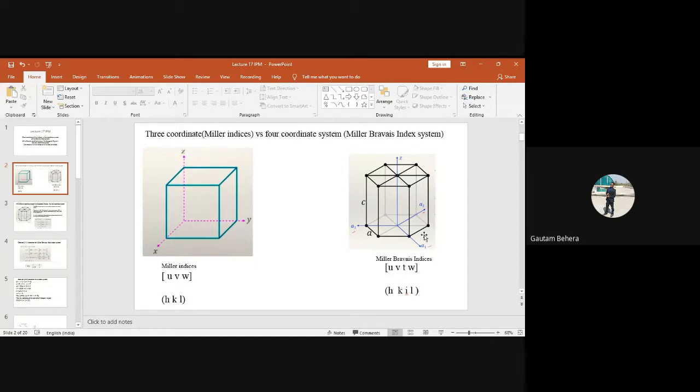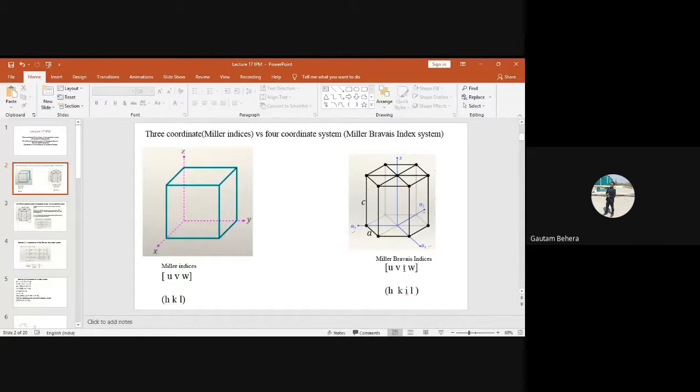And you can see how to represent Miller-Bravais indices for directions. The symbol is the same; you denote it enclosed by square bracket, and it is u v t w. Here a new term is coming, that is t.